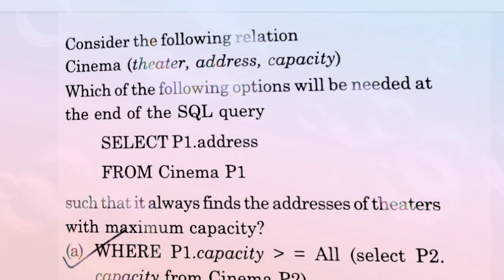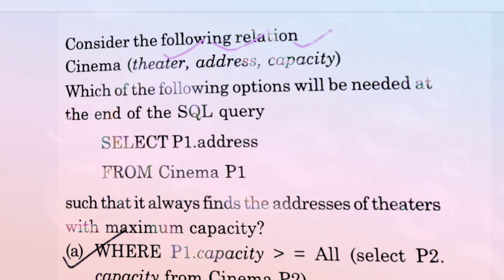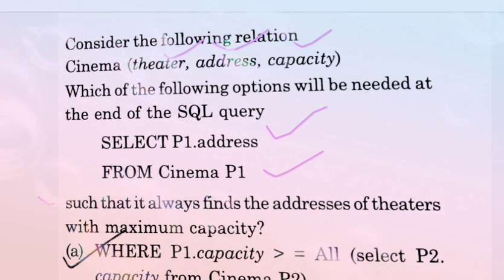Consider the following relation: cinema, which contains the attributes theater, address and capacity. Which of the following selections will be needed at the end of the SQL query: select P1.address from cinema P1, such that it always finds the address of the theaters with maximum capacity?